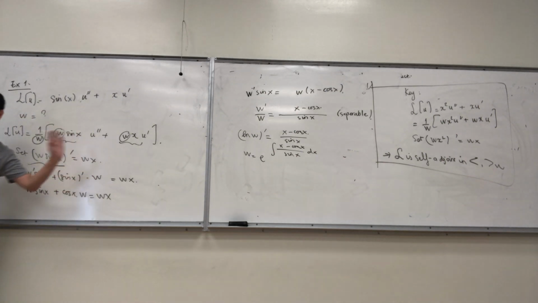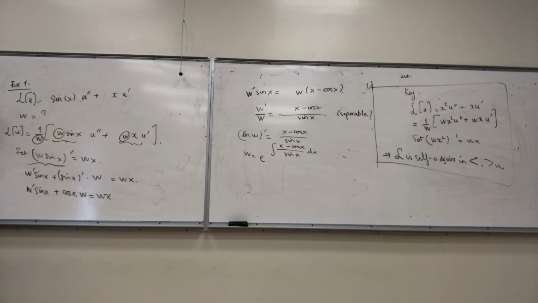Right, so you use the same method that we discussed before. I explain again. This is another example where you can use the same method to find w. You have sinus x u second plus x u prime. You're going to try to find w. So to find w, you divide by w and you multiply with w.